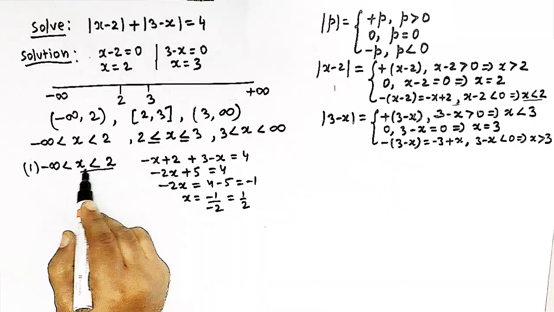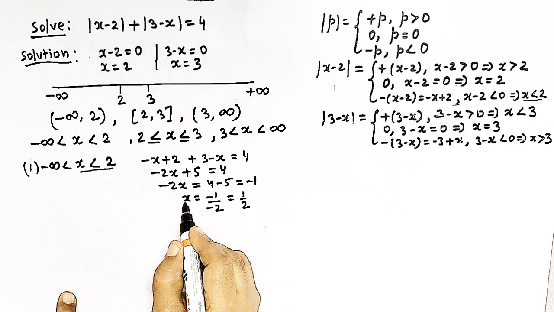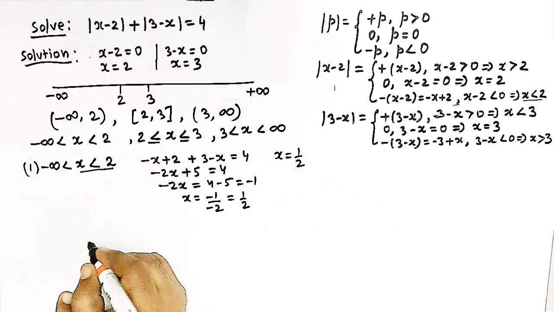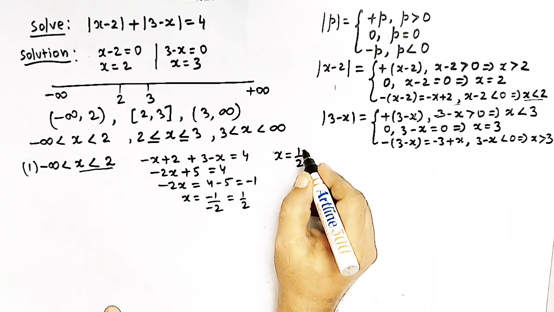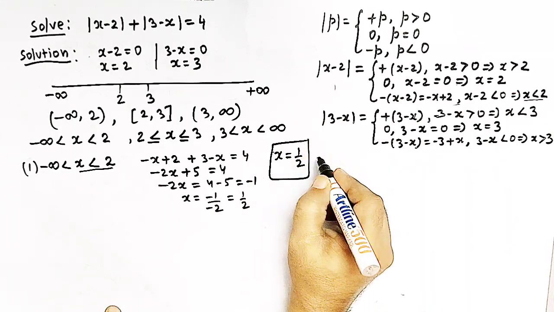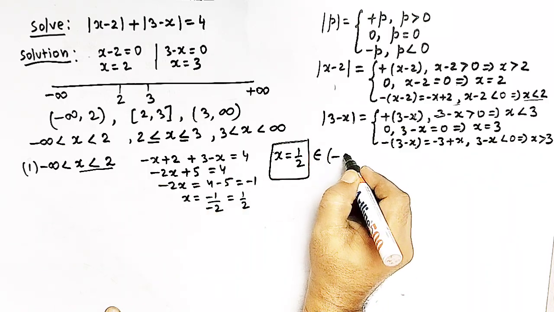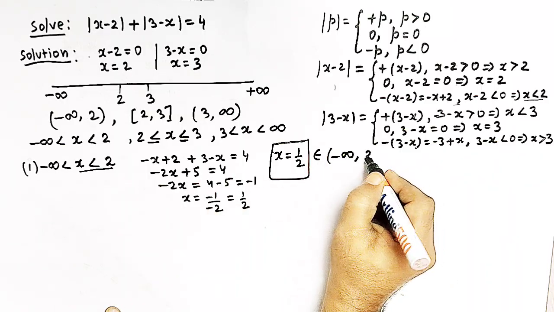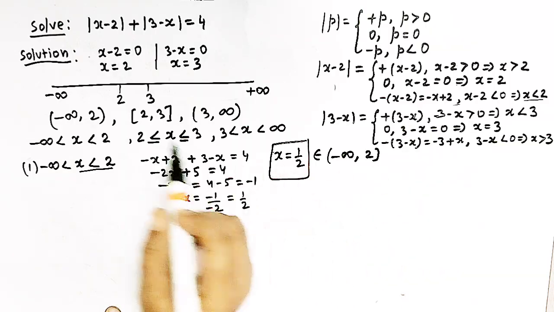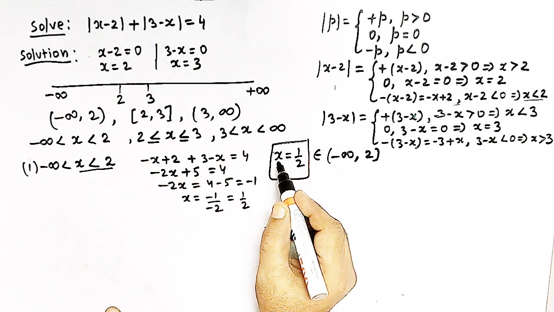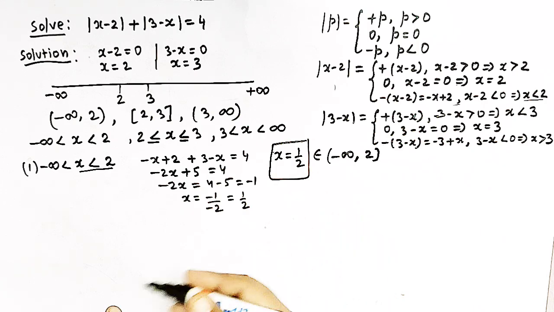So taking this interval, we have the value of x as half, right? And so now x is equal to half. It belongs to this interval, that is minus infinity to 2. So we can take the first solution of this equation as x is equal to half.